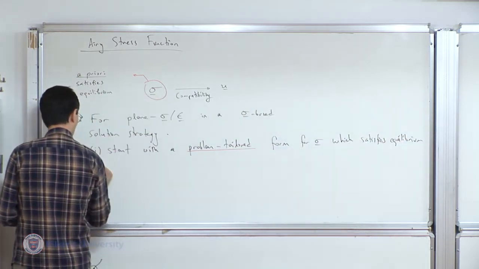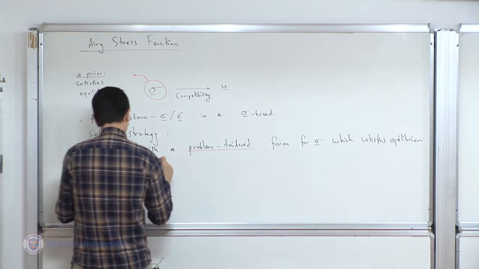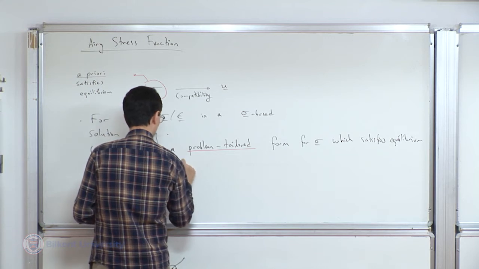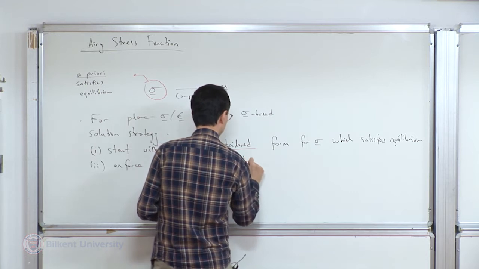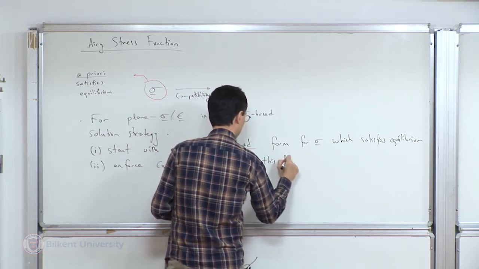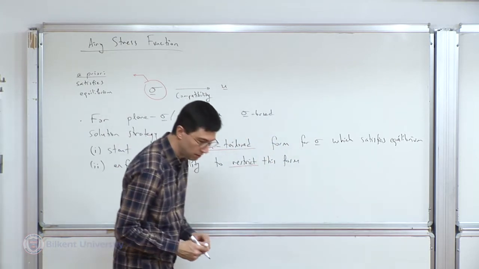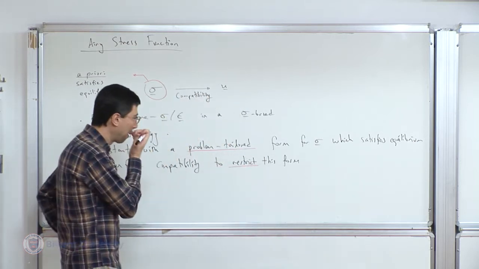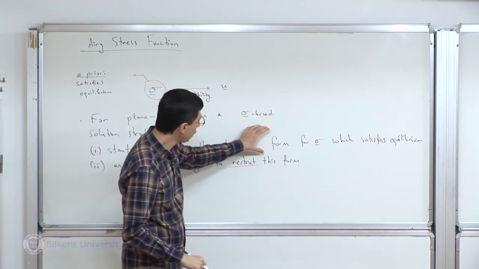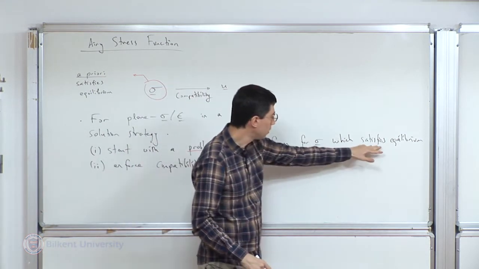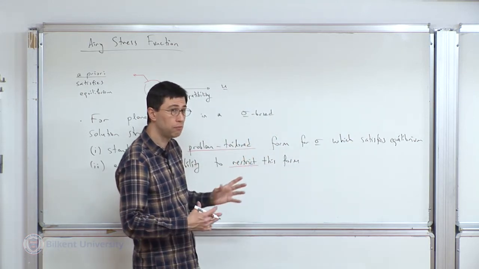The second step, or challenge, is to enforce compatibility to restrict this form. That's the keyword: restrict. It's a relatively general functional form that satisfies equilibrium, but that general form could possibly be the solution of different problems.